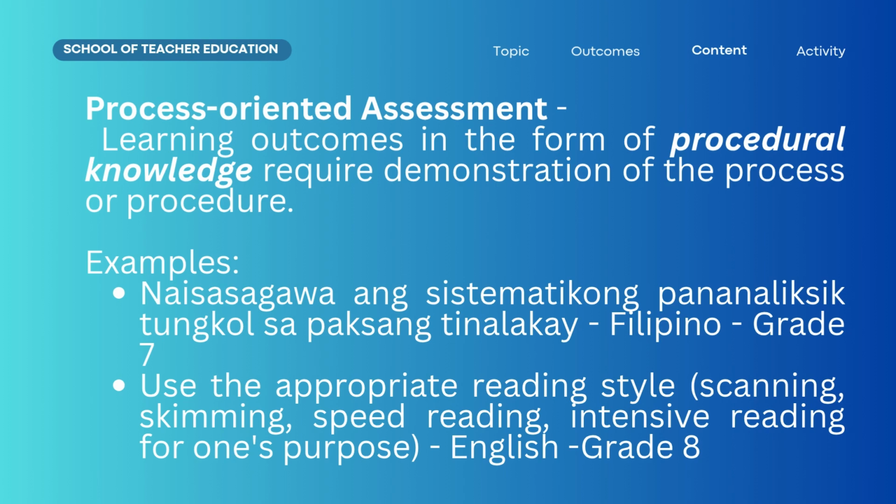In this certain outcome, it is not just the research output that we are checking, but whether they can search about it, or whether their research skills are enough for them to acquire the output. Also, we have using the appropriate reading style, which could be scanning, skimming, speed reading, or intensive reading, for one's purpose. So this is from the grade 8 English curriculum.